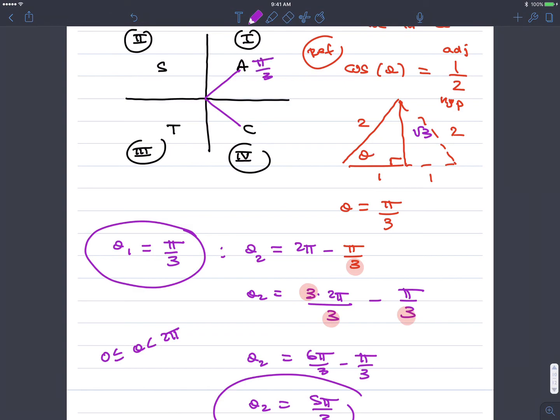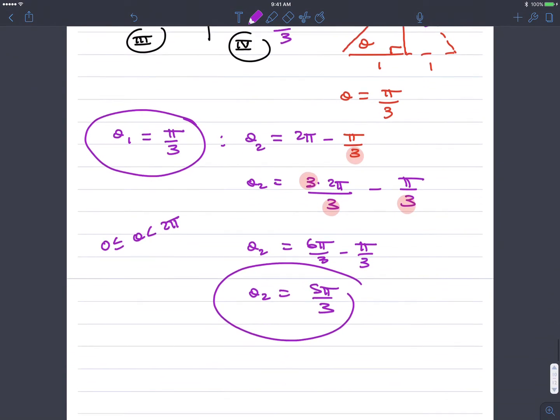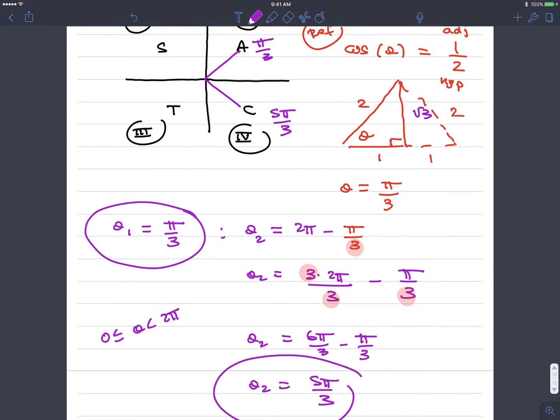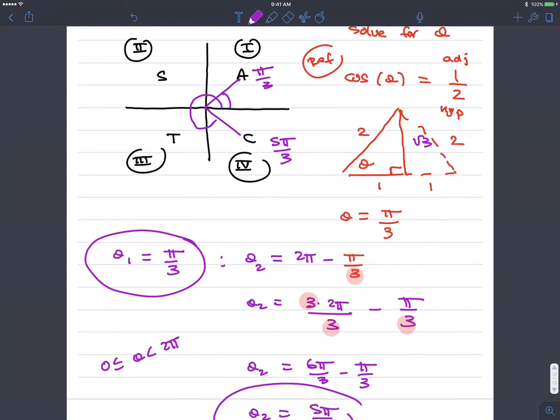What's the other one? Was it 5 pi over 3? Okay, first solution, pi over 3. Second is 5 pi over 3.